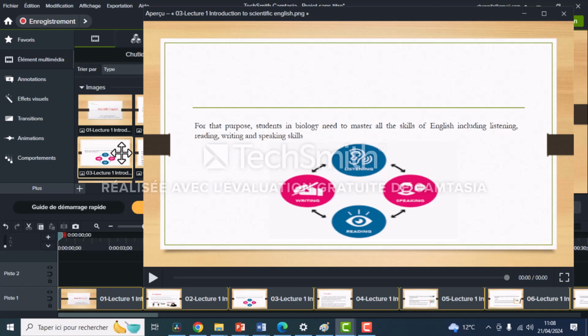writing and speaking skills. You have also to know that to master a language which is totally different from the language of your mother tongue, you have to know the culture of the people of that language.